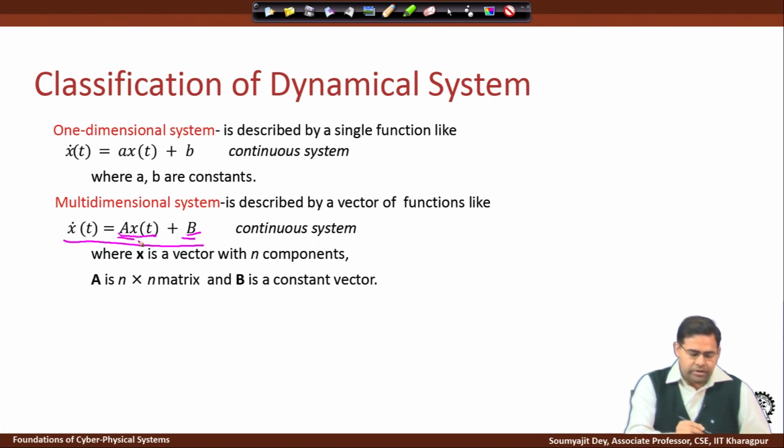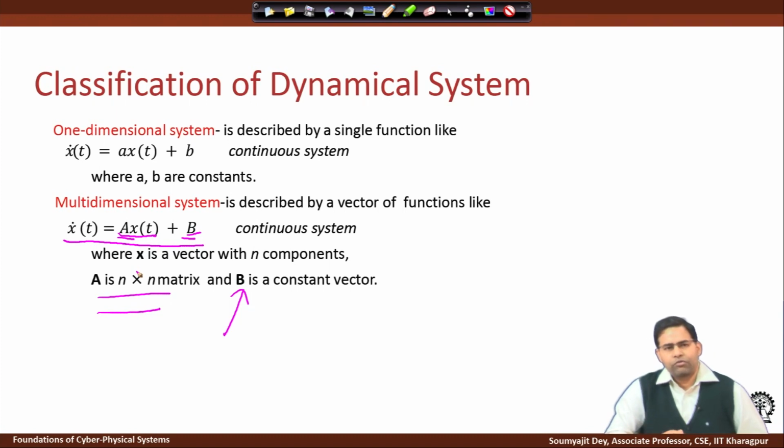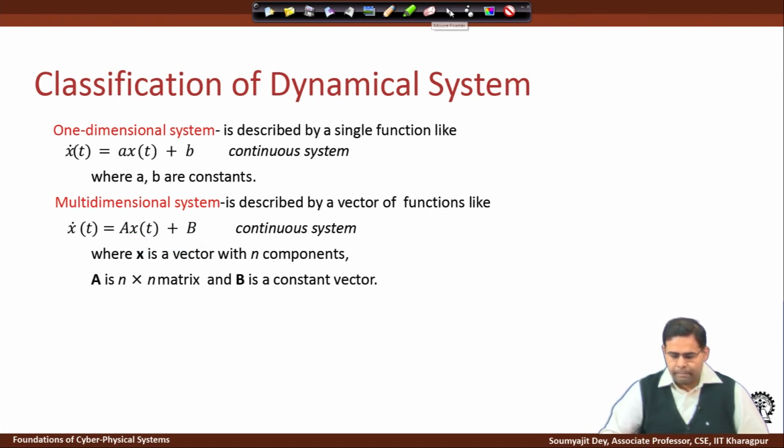So, this b is a constant vector and a is like the dynamics matrix of the system, and a definitely is an n cross n matrix, because it is going to be multiplied with an n cross 1 vector to give you an n cross 1 vector, and b is an n cross 1 vector. Okay. I mean b is an n sized vector, to be precise.